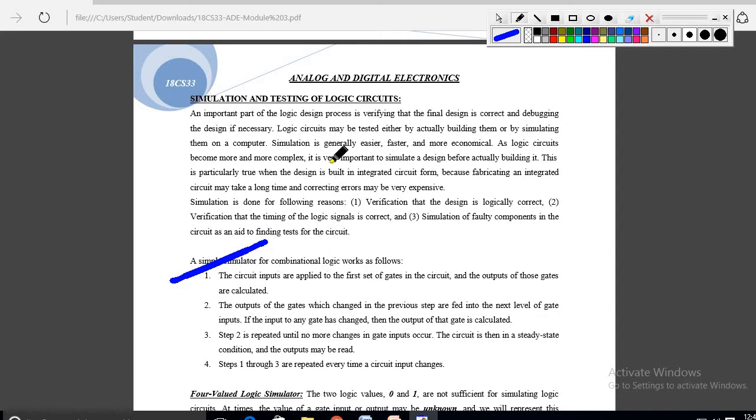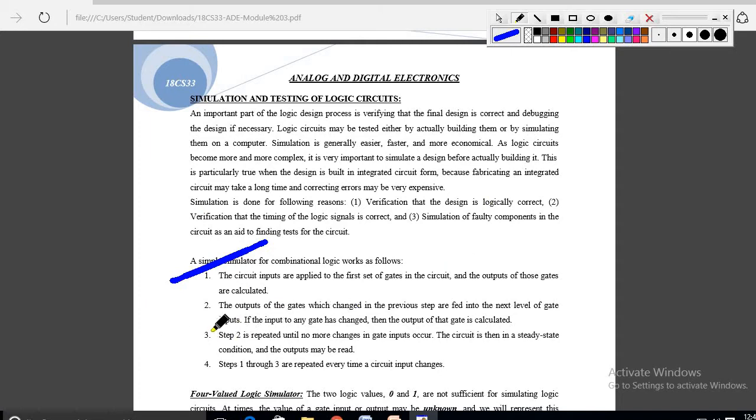If I change the input from 1 1 to 1 0, the output will change, so we have to take care of that. Whatever inputs we provide and whatever output we obtain, if we want to connect that output to another gate in that circuit, we have to check that. That is the meaning of this step.